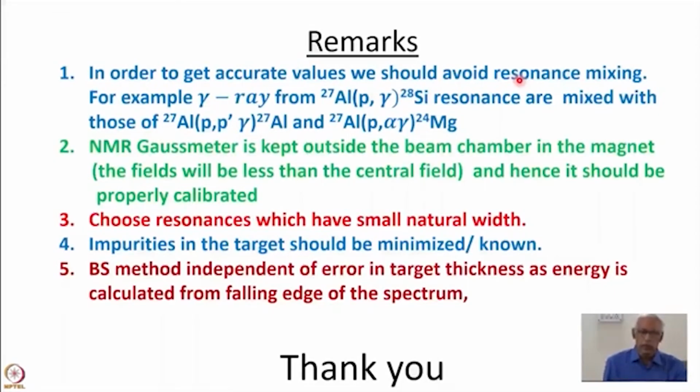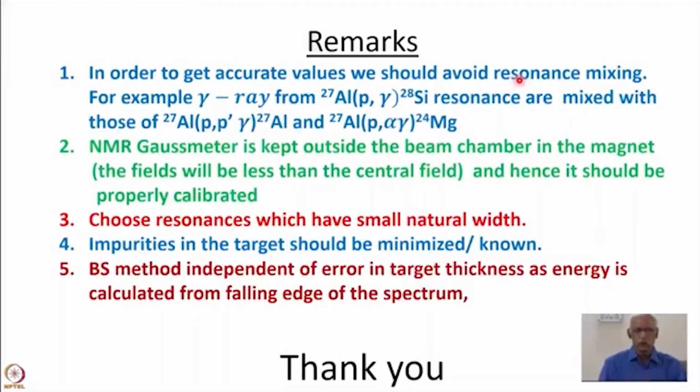So target impurity and target composition should be known prior to the experiment, and they should be known well. Otherwise, the gammas or other particles coming from other reactions, from the other elements in the target, will interfere, and that will cause errors.